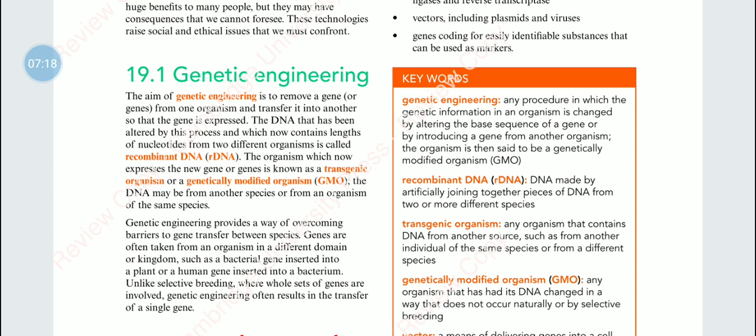So then this genetic engineering will give us solutions for many different problems that we have been having. One such problem is the removal of the barriers to gene transfer between species.